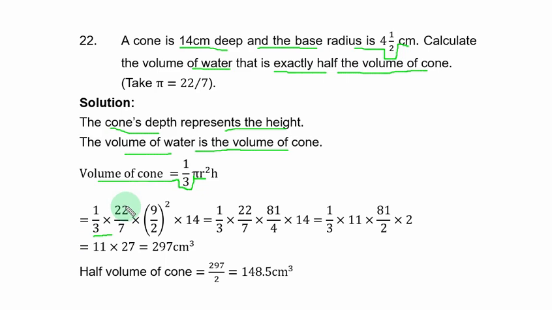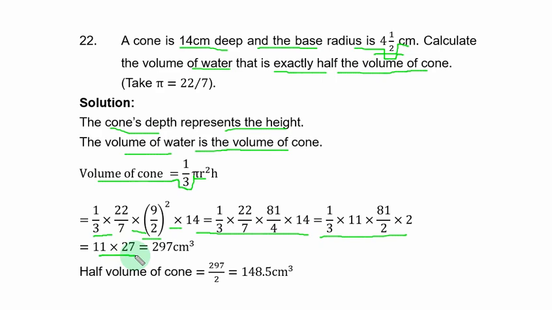pi, 22/7. This is the radius. It is a mixed fraction. If you convert it to improper fraction, you have 9/2. Then you square it times the height 14. You have it in this form. When you simplify, you have this result and this result.